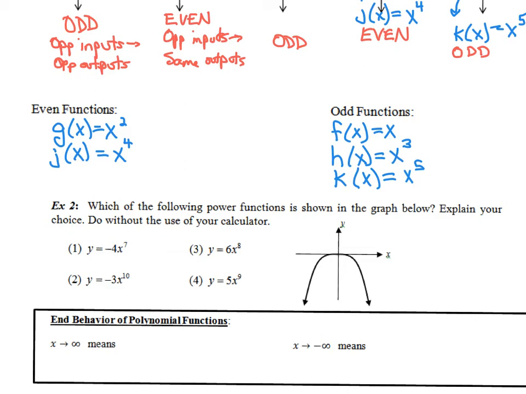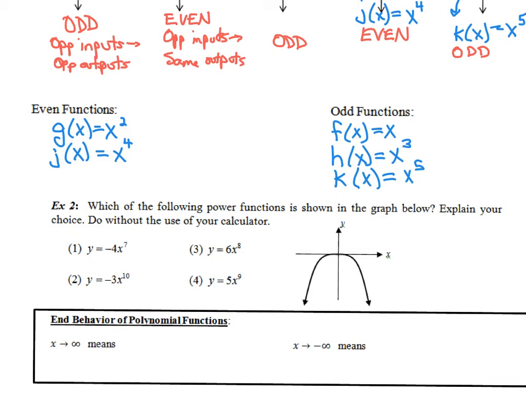So the smaller inputs produced very big negative outputs, and the bigger inputs produce very large positive outputs. The even functions, however, when we looked at the graph, both ends of the graph went in the same direction. So that's going to be something that's really important for us in this unit.